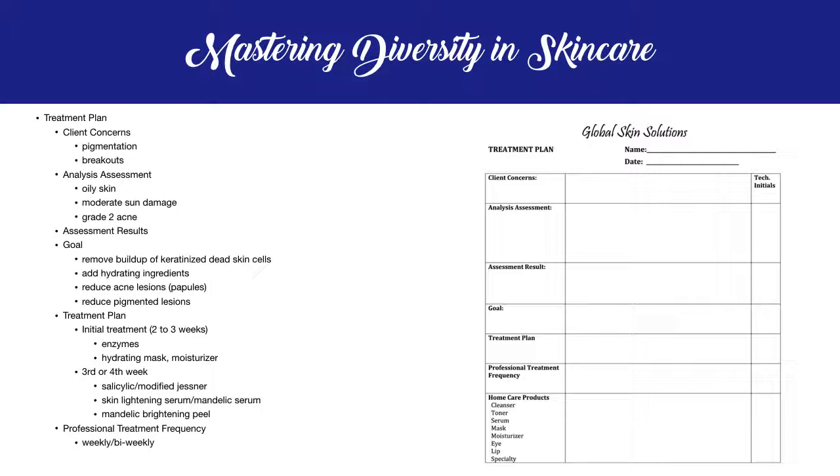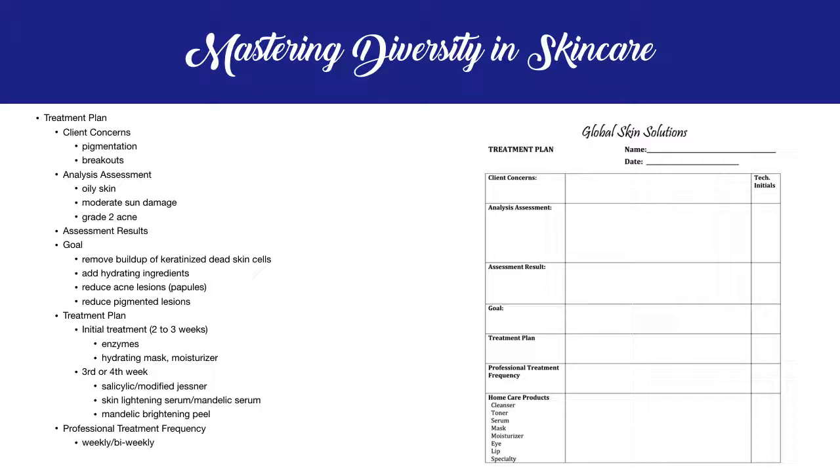After I get that in balance, if she's still having issues with the papules, I would introduce salicylic, and better yet, a modified Jessner. Why would I choose a modified Jessner? Because if she still has the papules, the salicylic and the modified Jessner will help with eradicating that.